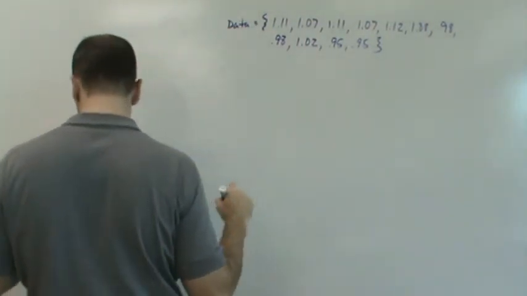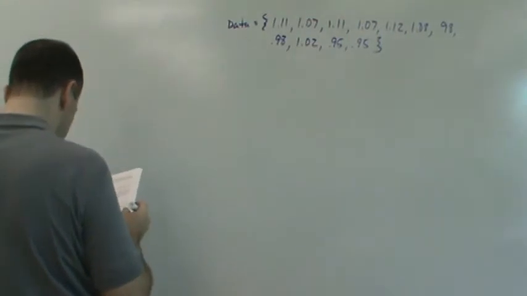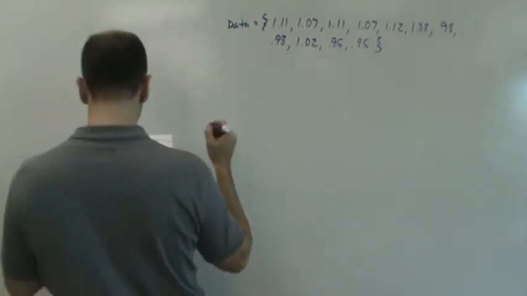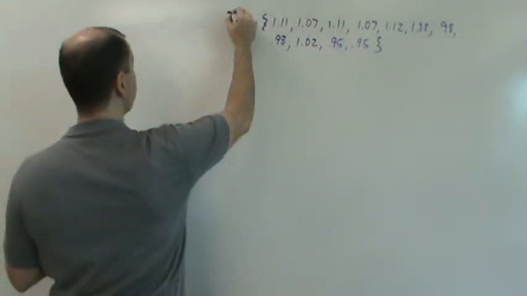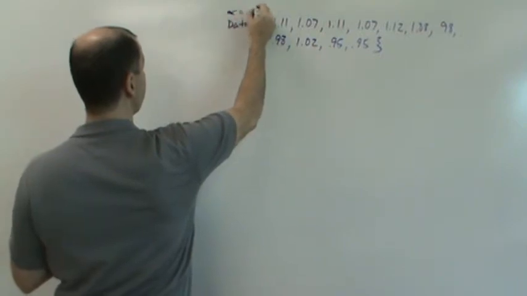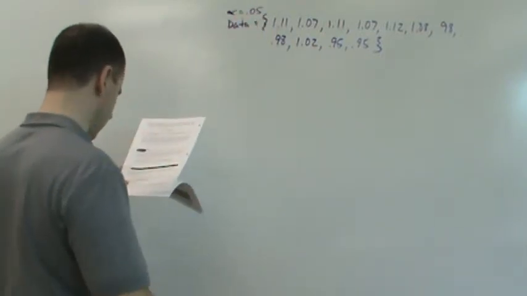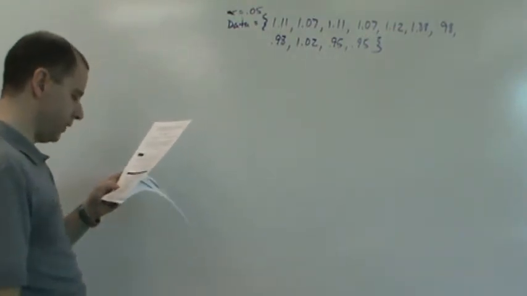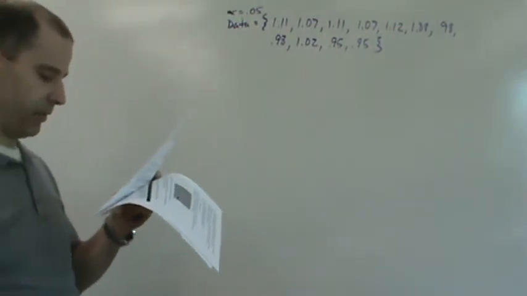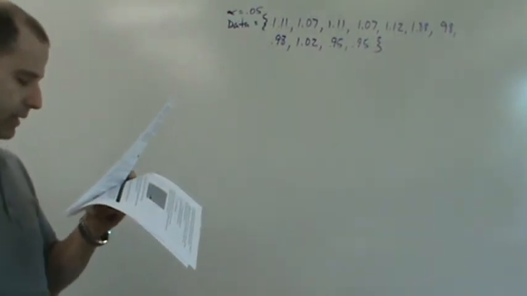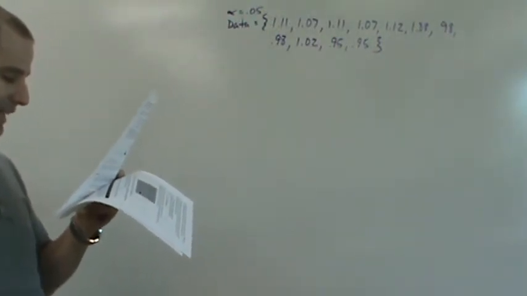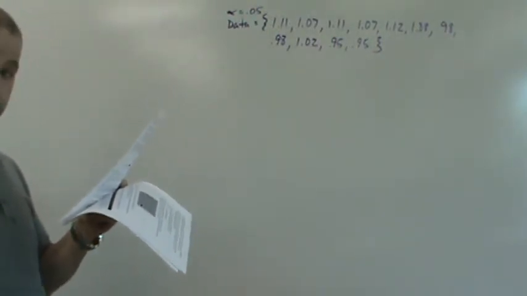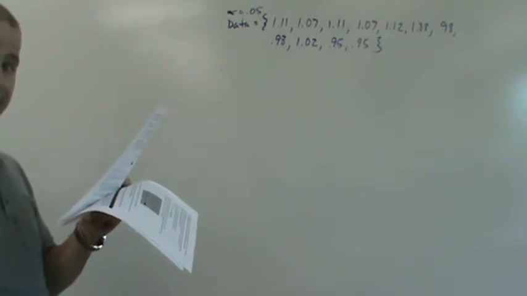Okay, so now, using alpha equal to 0.05, does this data provide evidence that the average conductivity of this type of glass is at least 1? So at least 1.